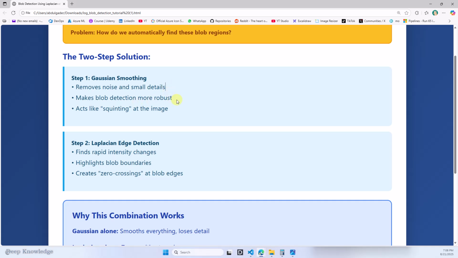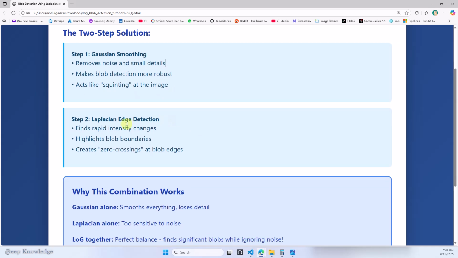After removing the noise, the blob detection becomes more robust. The next step is to find rapid intensity changes. As we have already seen in edge detection and corner detection, when there are changes in intensity, we get an edge or maybe a corner.